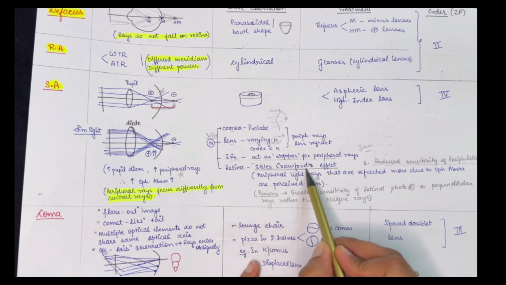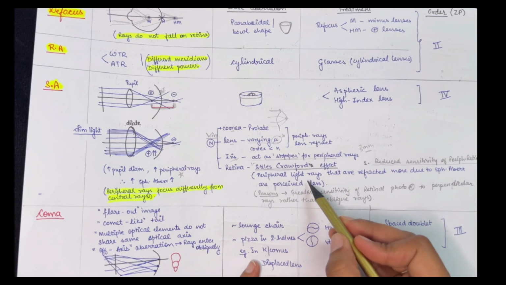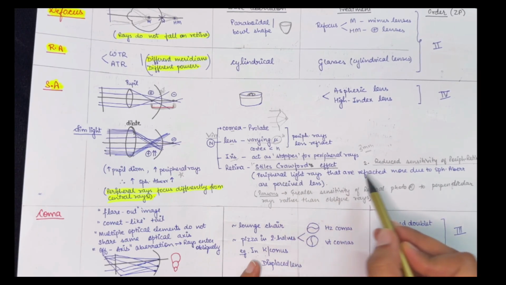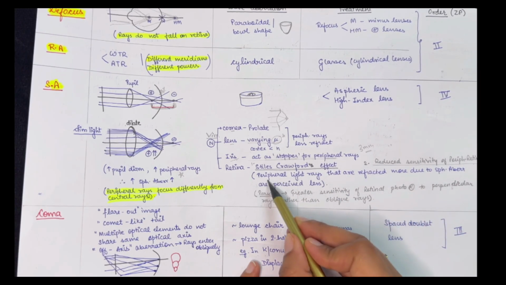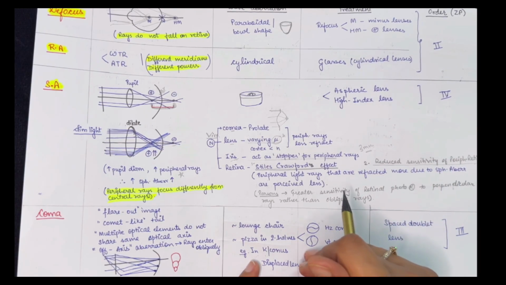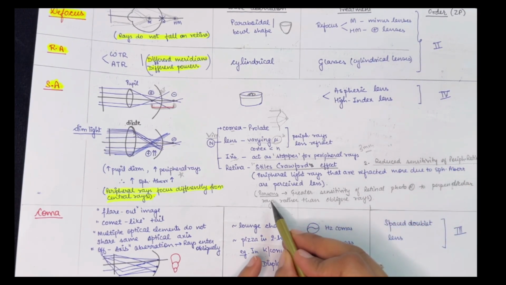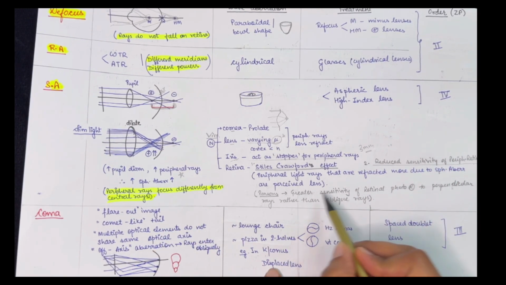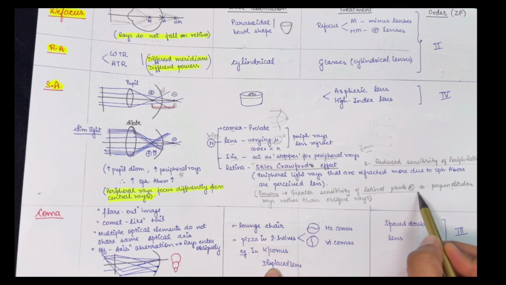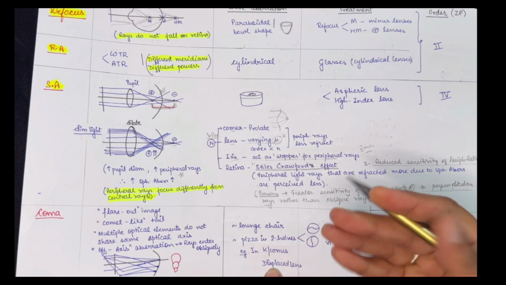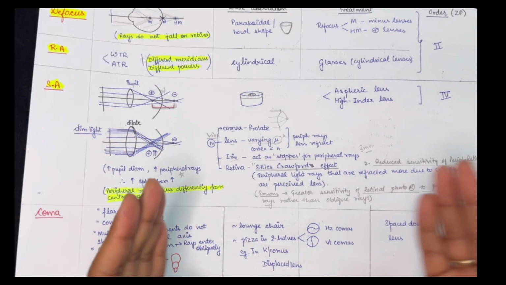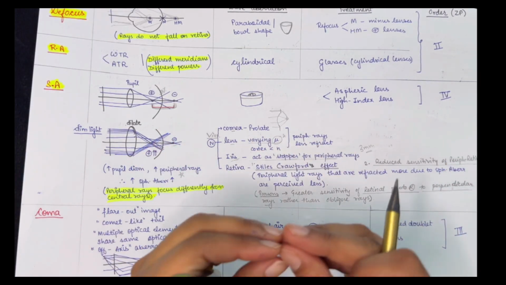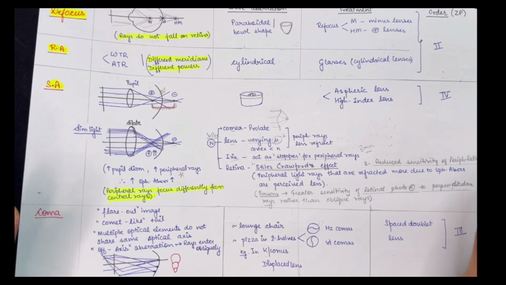There is something known as Stiles-Crawford effect, जो क्या बोलता है, that peripheral light rays which are refracted more due to spherical aberrations are perceived less. Same है ना. Parsons में this line is written as greater sensitivity of retinal photoreceptors to perpendicular rays rather than oblique rays. Amazing. आगे से पीछे तक कितना ध्यान रखा गया है spherical aberrations का, you see.